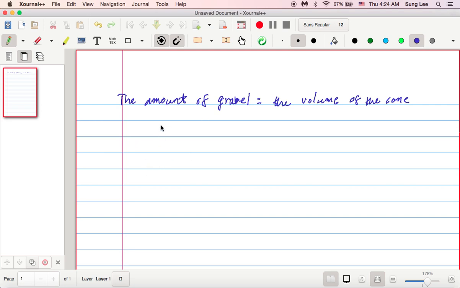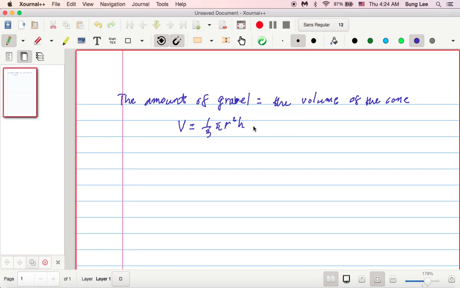The volume of a cone, like an ice cream cone, with radius r of the circular base, is one third pi r squared times h. So that's the formula.